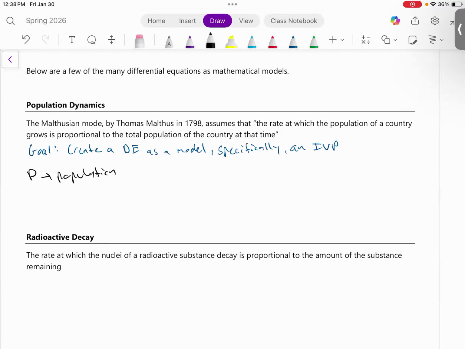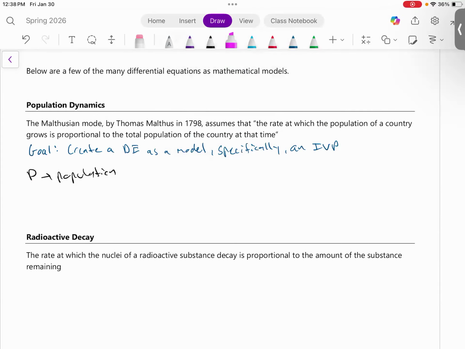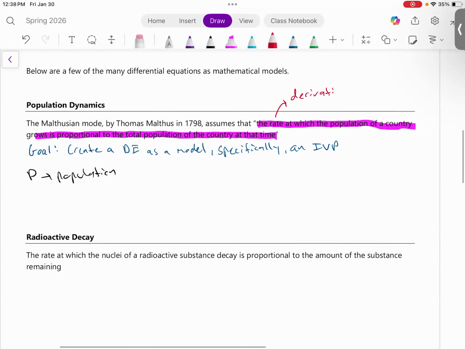So let's pick apart this statement right here: the rate at which the population of a country grows is proportional to the total population of the country at that time. Right away it says the rate. So what does rate mean? Rate means derivative. And we're trying to build a differential equation.